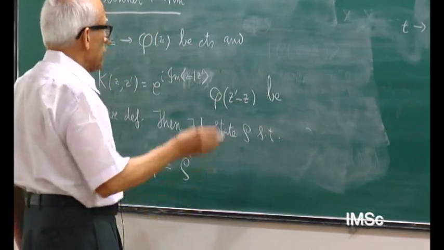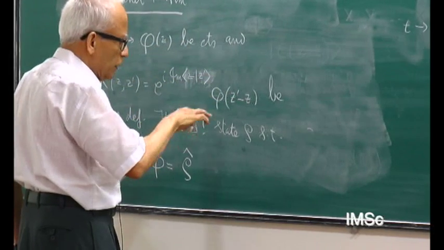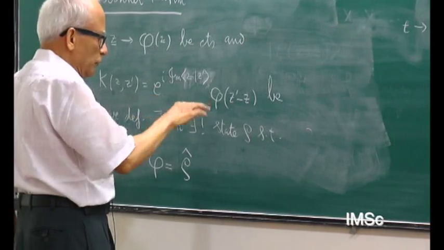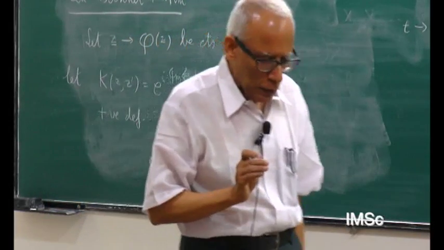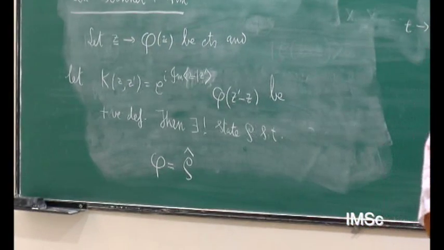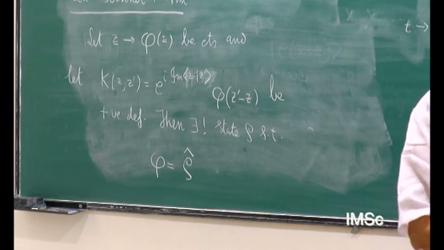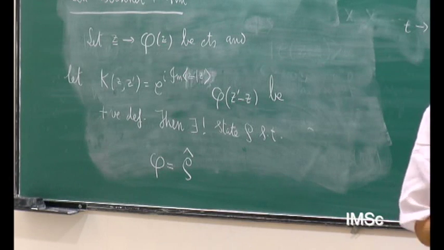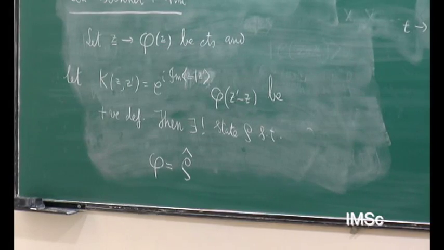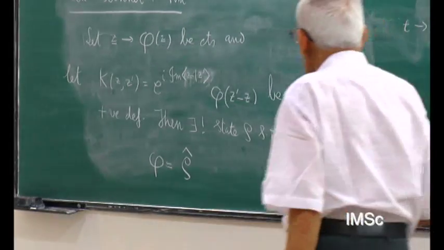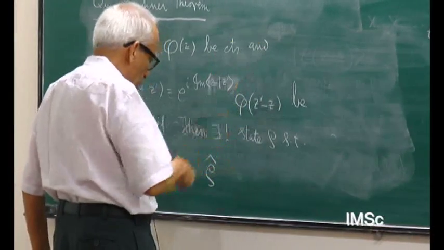So, from the positive definiteness you will get a Hilbert space, and the translation will give you a projective representation, and you will first get a vector psi, but from that you can extract the required positive operator rho to express it as the expectation value of rho at the representation.